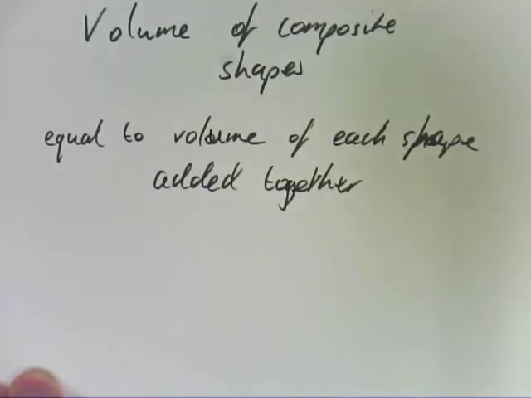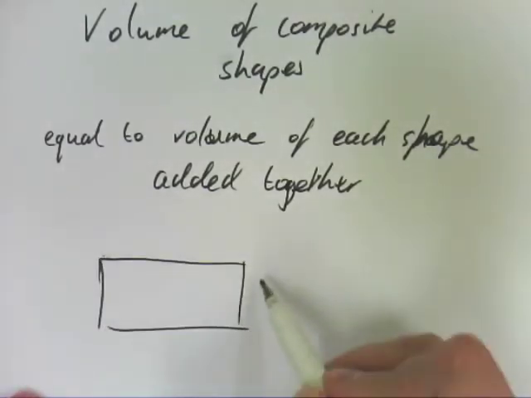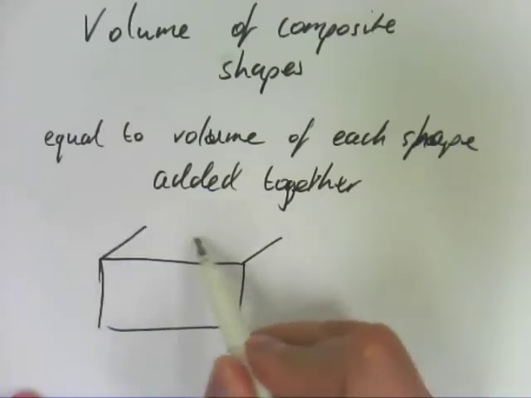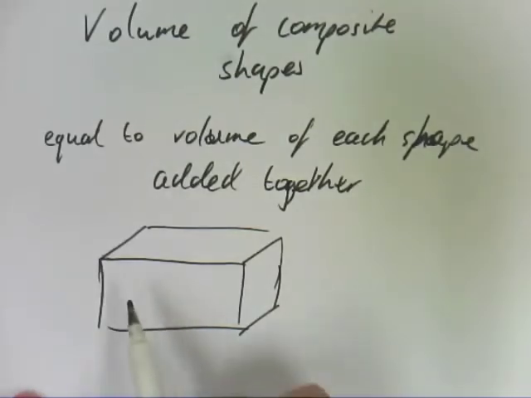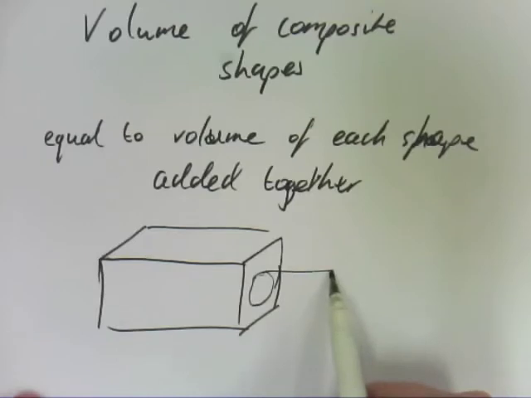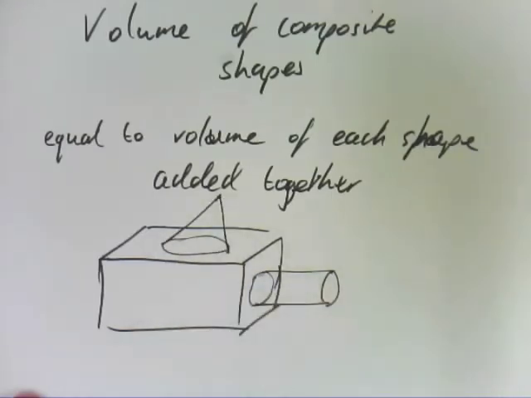So if you had a shape like this, and then we decided we'd put a cylinder on the end of it, and we might put a cone on the top of it. The volume of that particular composite shape is just the volume of the rectangular prism, the volume of the cylinder, and the volume of the cone.